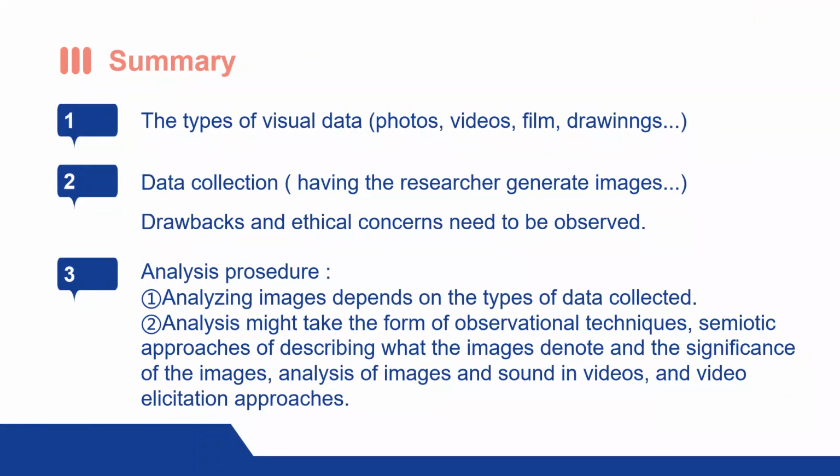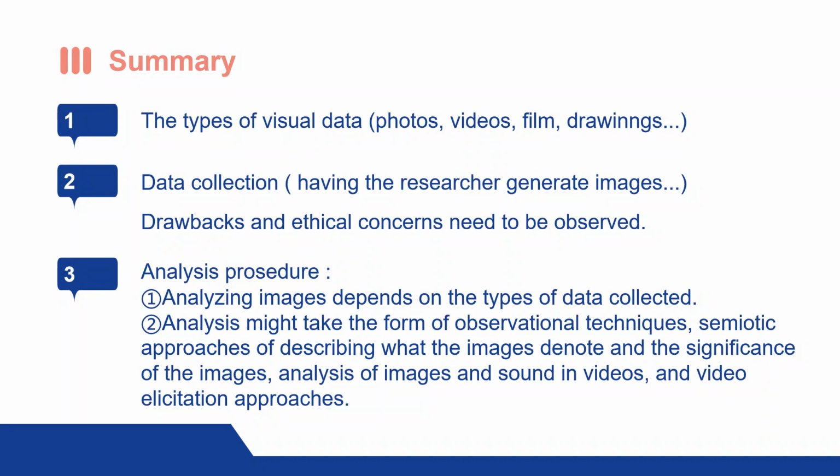Now, let's make a summary. The skill introduced in this chapter is to develop an understanding of the types of images and analysis procedures for visual data that may be useful in our qualitative research. Videos, photos, film, and drawings represent the types of visual data with different characteristics.